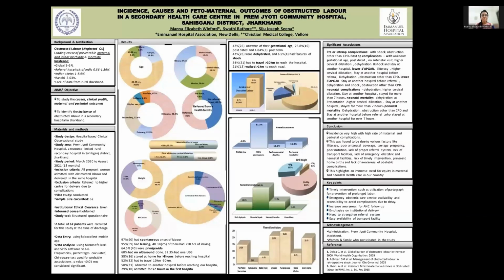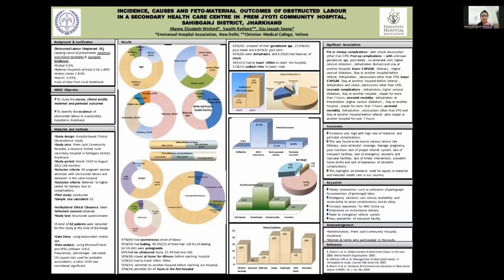The incidence of obstructed labor globally was found to be 3 to 6% and varied across the country. However, there is a lack of data from rural Jharkhand. Hence, our objectives were to study the causes, clinical profile, maternal and perinatal outcomes, and to identify the incidence of obstructed labor in a secondary hospital in Jharkhand.